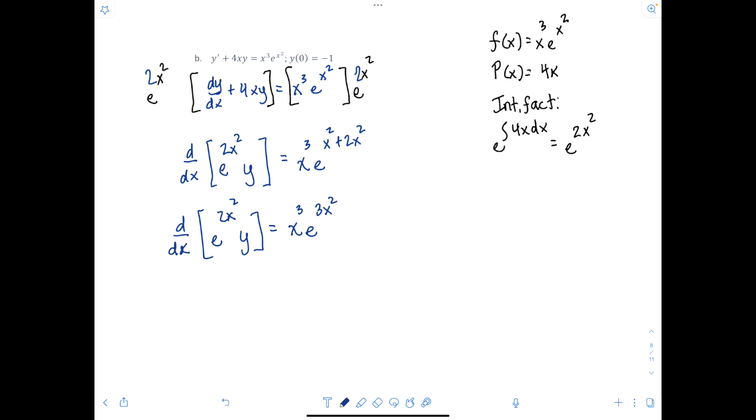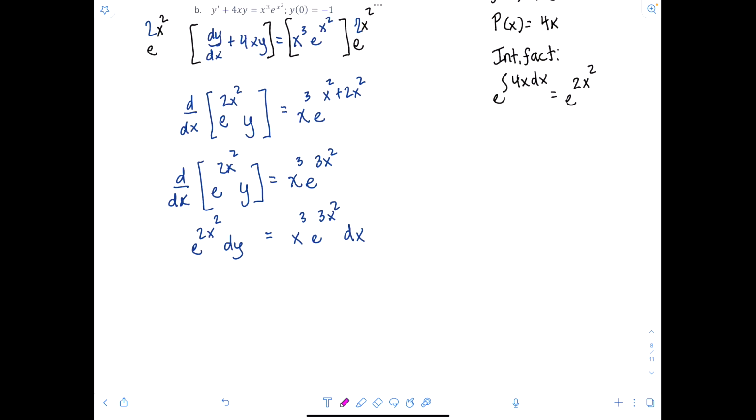All right, so let's do this thing. Now we'll be looking at e to the 2x squared dy is equal to x cubed e to the 3x squared dx. All right, integration by parts, woohoo! So here we go.